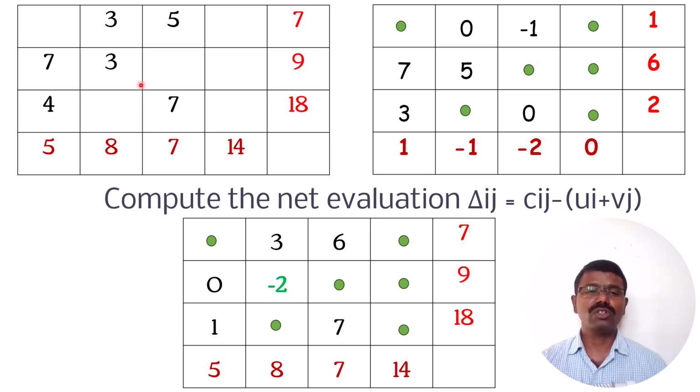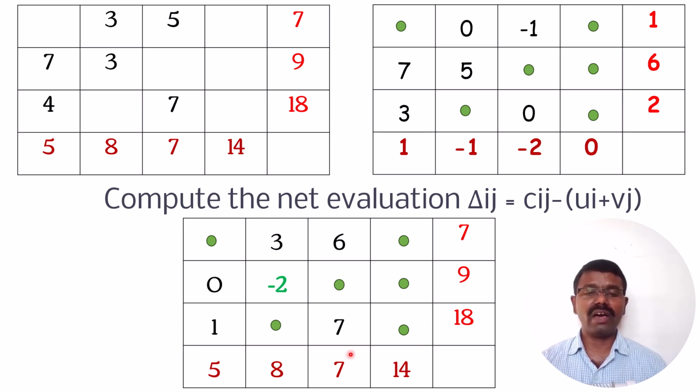So this matrix is the ui plus vj matrix, and this matrix is the Cij matrix. So this matrix minus this matrix will give the delta ij. Now if you do that, 3 minus 0, 3; 5 minus of minus 1, it becomes 6; and this becomes 7 minus 0, so it becomes 7. So 3 minus 5, it becomes minus 2. So then here 4 minus 3, it becomes 1. 7 minus 0, 7. So this is the new matrix of delta ij.